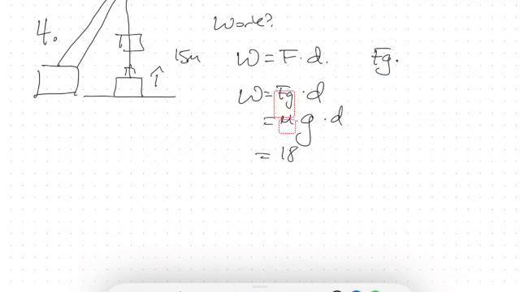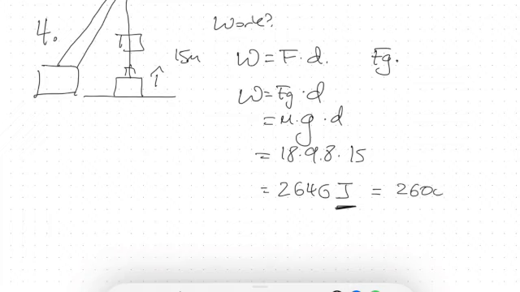That will be 18 times 9.8 times 15. That's 2646 joules. The units of work is joules. And again, we need to round to what? 2600, 2 sig figs, joules.